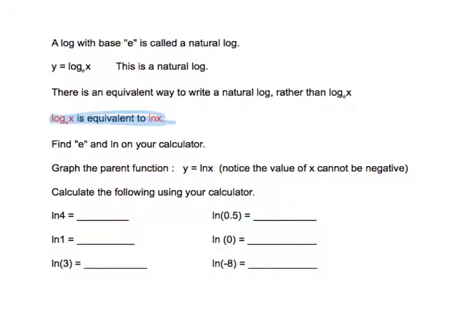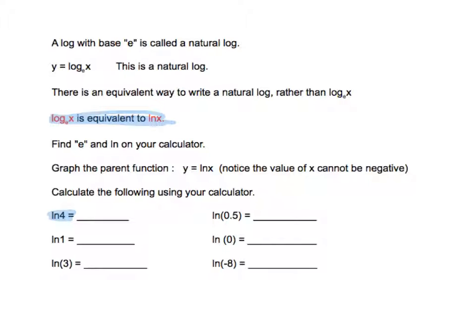When you find e on your calculator, you are also going to need to find the ln button on your calculator, and the ln button basically gives you, down here where it has ln of 4, log base e of 4. So just practice on your calculator a couple of times, finding that ln button and calculating what that would actually equal.